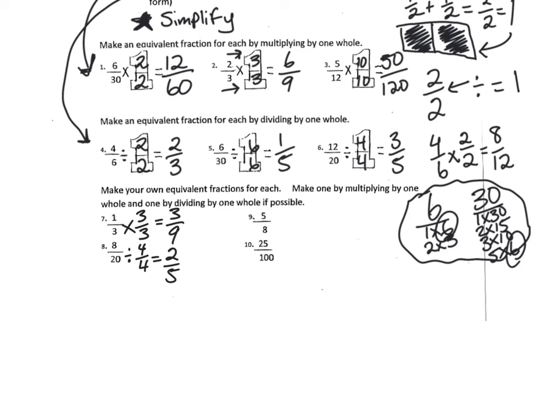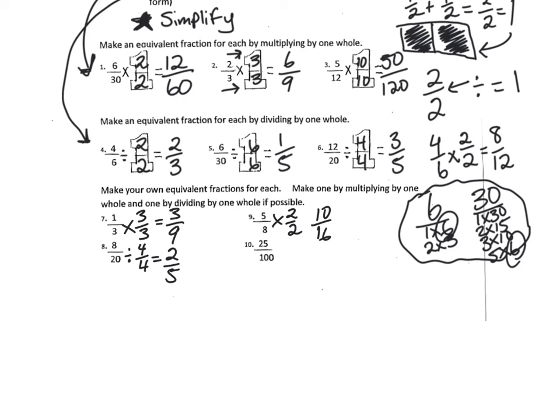So that tells me my only option here is to multiply. Well, I can multiply it by anything. So I'm going to go with the easiest here, 2/2. 5 times 2 is 10. 8 times 2 is 16. We're done. 10/16 is equivalent to, or excuse me, 10/16 is equivalent to 5/8. I was jumping ahead there.